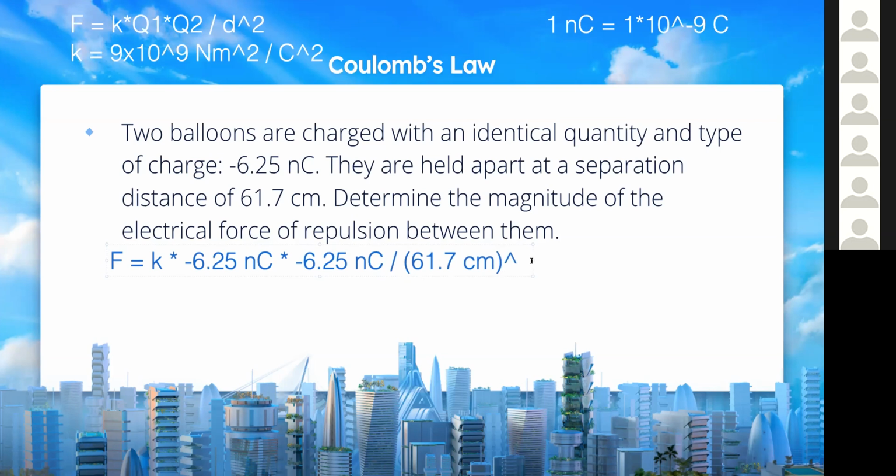So you may find it helpful, in order to keep track of your units, you may find it helpful to convert units at this step.